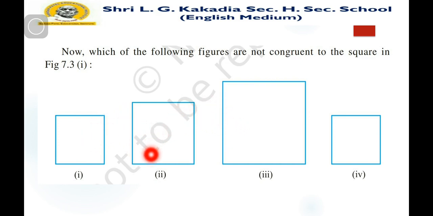So these two squares are not congruent. But first and fourth are congruent, because if you put this square on this one, it covers all its sides. In this way we can say whether figures are congruent or not. If you put one figure on another figure and it completely covers all the parts of the figure, then we can say that the two given figures are congruent.